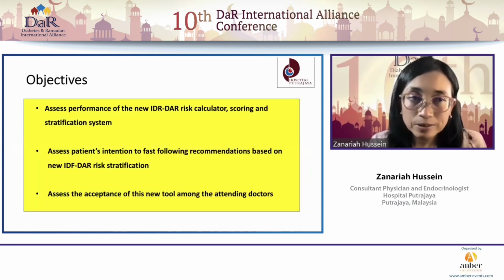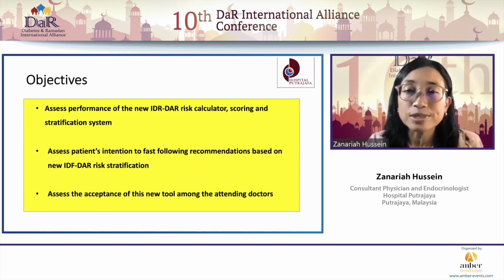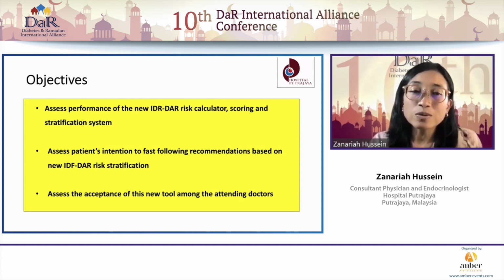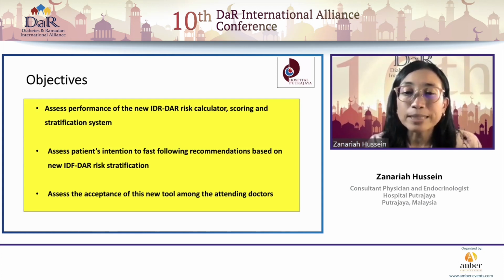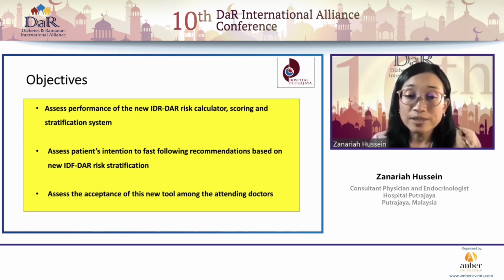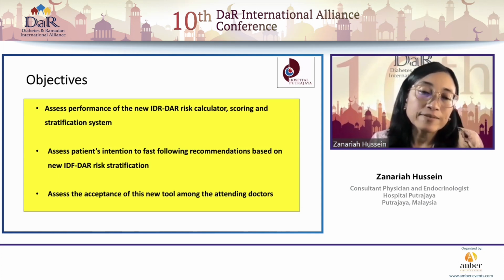So our objective in this survey, to present to you very quickly, is to assess the performance of this new risk calculator, the scoring and stratification system, among patients attending our diabetes clinic in Putrajaya Hospital, Malaysia; to see how the patient's intention to fast matches the recommendations the physician would give based on the new risk stratification; and also to see how the user, the physician applying the tool, found it, and how acceptable it was for them to use.